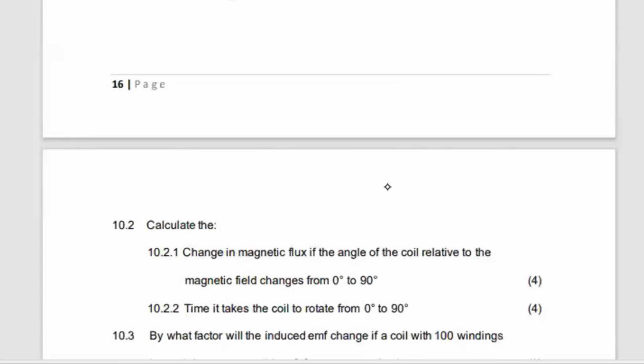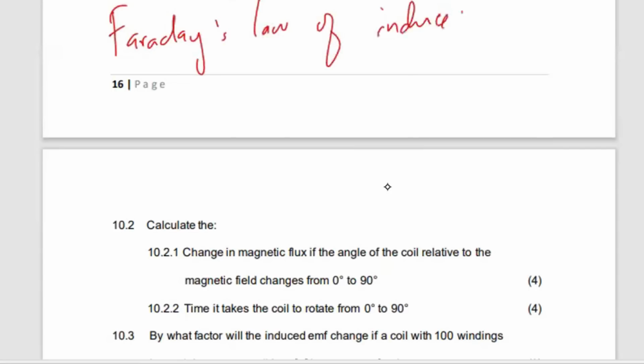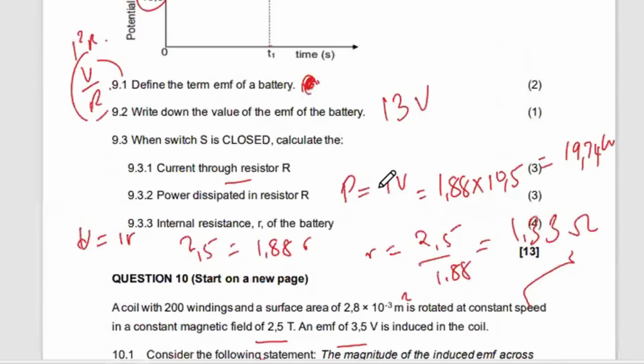The magnitude of the induced EMF across the ends of a conductor is directly proportional to the rate of change in magnetic flux. Which law is this? This is Faraday's law of induced EMF.